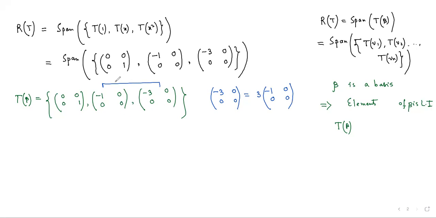So actually these two members are not linearly independent, and therefore these three members are not linearly independent. So obviously we can say from this problem that the members of T beta may not always be linearly independent.